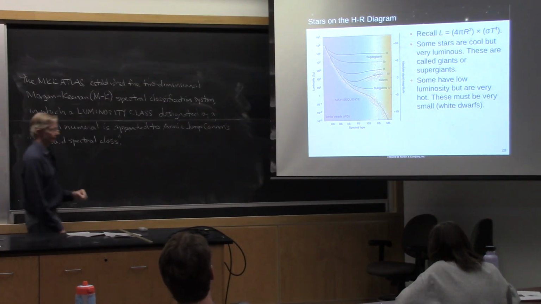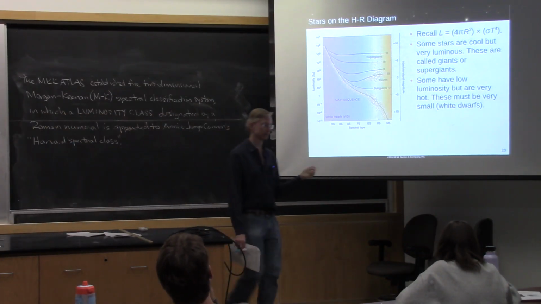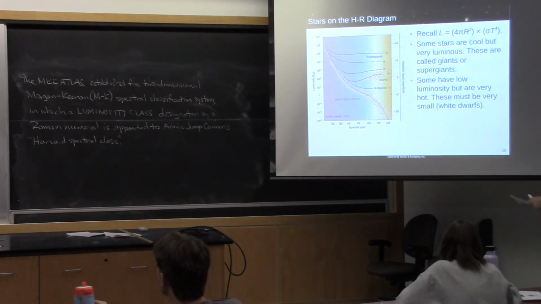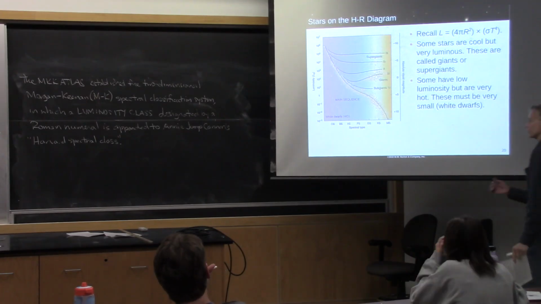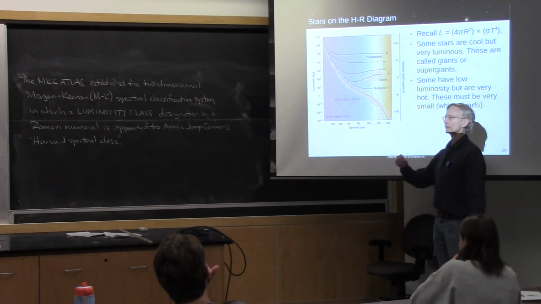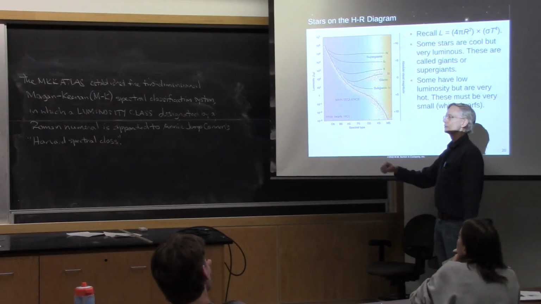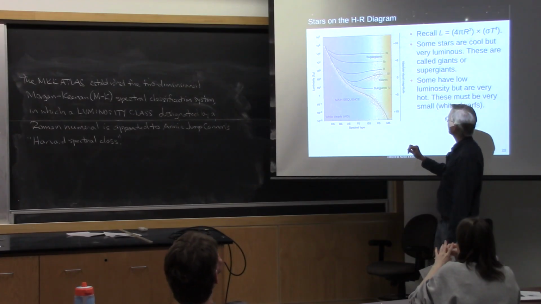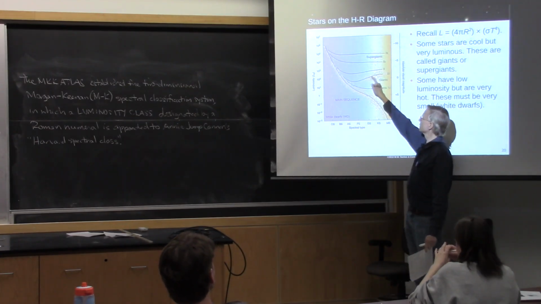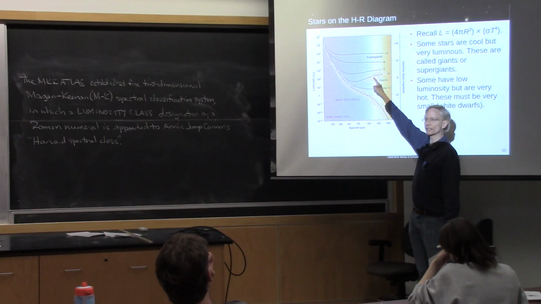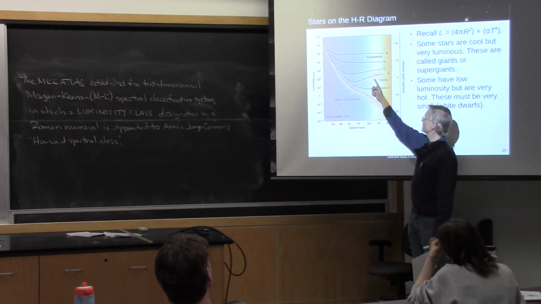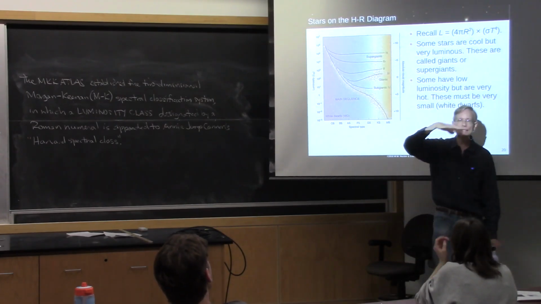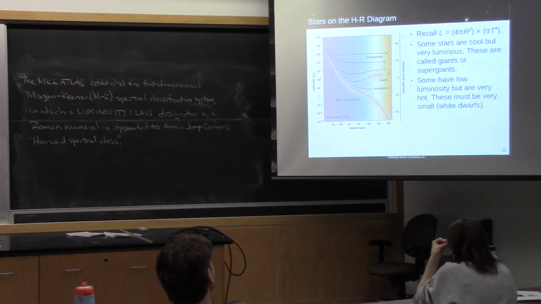So again, the idea is that if you've already calibrated this with stars where you can measure their distances and apparent brightnesses and then get their luminosities, well, this allows you to take a star where it's too far away for parallax, but you look at its spectrum and the narrowness of the lines, and you say, oh, well, that's luminosity class 3, why that's a giant star of this spectral type, and you get some notion of what its luminosity is. And then from that and its apparent brightness, you can get an estimate of its distance.